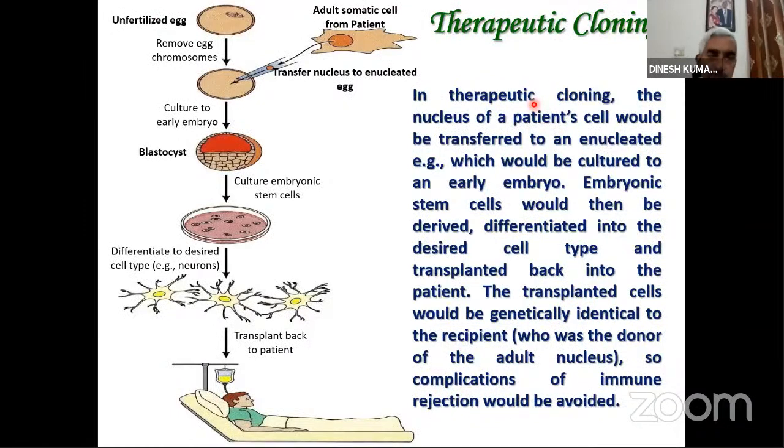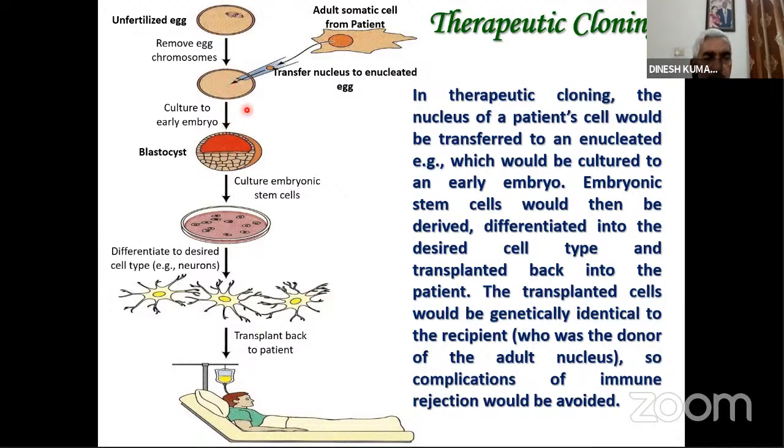in therapeutic cloning. In therapeutic cloning, suppose there is a patient who needs a transplantation of some nerve cells in the brain. What happens? The skin cells or adult somatic cells are taken from this patient, and thereafter an unfertilized egg's nucleus is removed, and from healthy cells of the patient, a nucleus is taken and transferred to this egg.